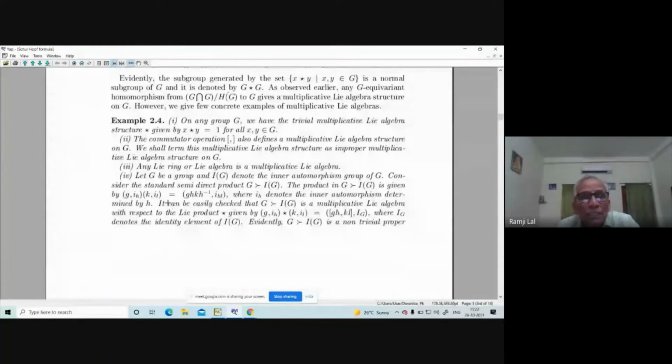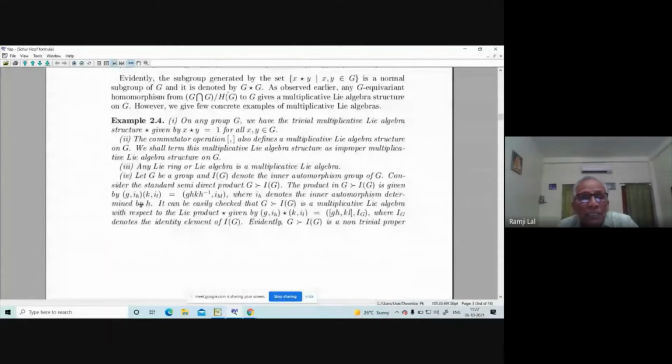And here is a different kind of Lie algebra. If you take a group G and look at the group I(G) of all inner automorphisms of G and consider the standard semi-direct product, I(G) acting on G as automorphisms, the multiplication is given here.